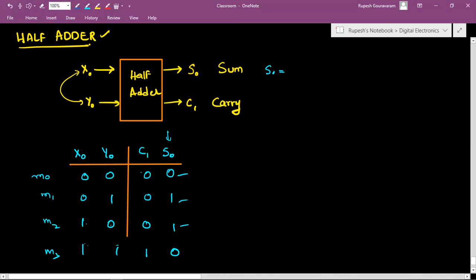Carefully observe, for 0 0 we are getting 0, and for 1 1 we are getting 0. So S0 is an XOR gate combining x0 XOR with y0. So this is the sum, and C1 is nothing but x0 into y0. So this is M3.